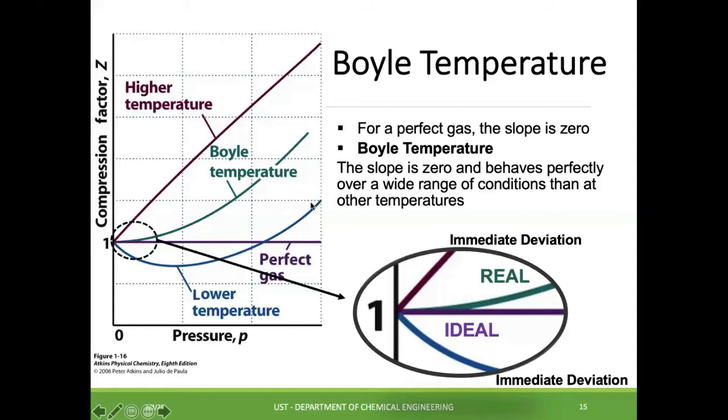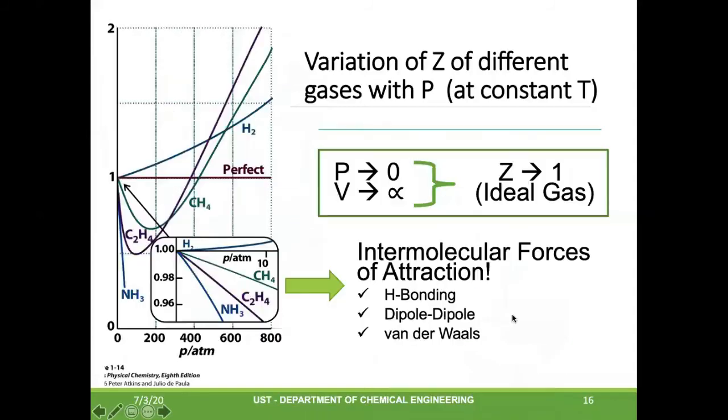Now, for variation of Z of different gases with pressure, take note at a very low pressure, P approaching 0, the molar volume is approaching infinity, and Z is equal to 1. So this means this is an ideal gas.